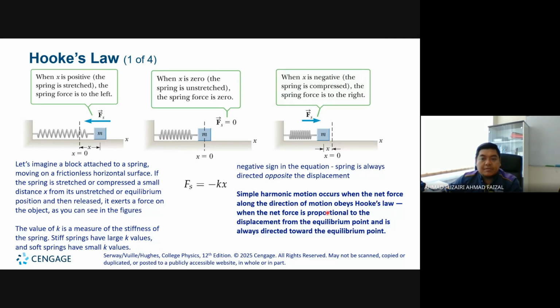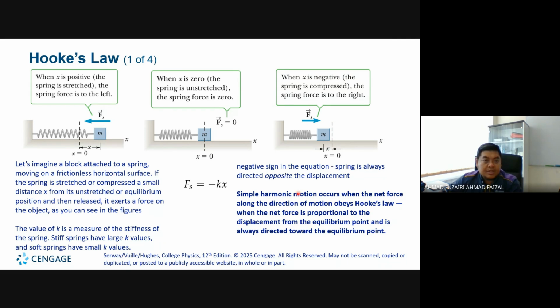If the spring is stretched or compressed a small distance x from its unstretched, or should we say equilibrium position, and then you release it, it exerts a force on the object.